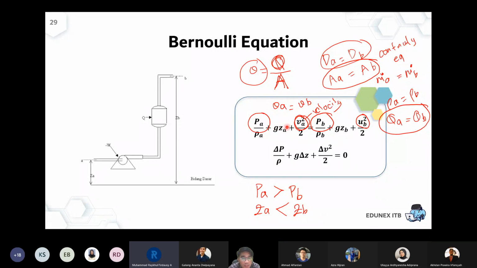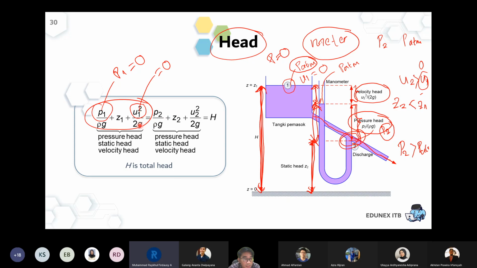All the terms you divide by the gravitation, it's the same, right? Because the gravitation is also constant. It means you can express in terms of specific energy divided by the gravitation becomes head, because the unit becomes length.